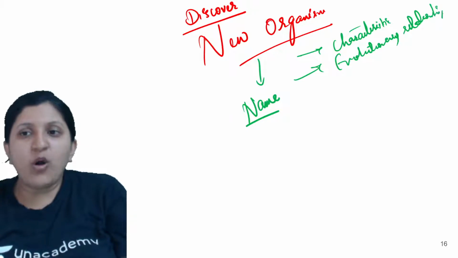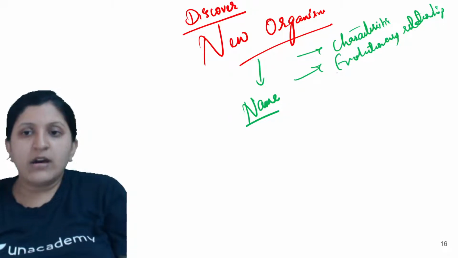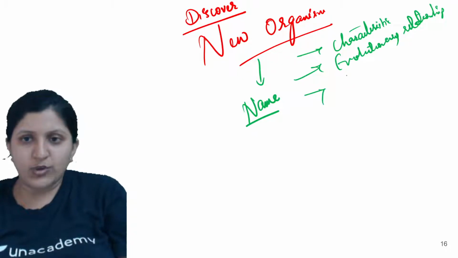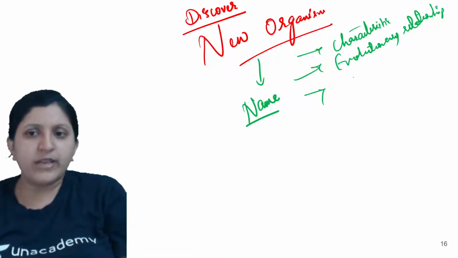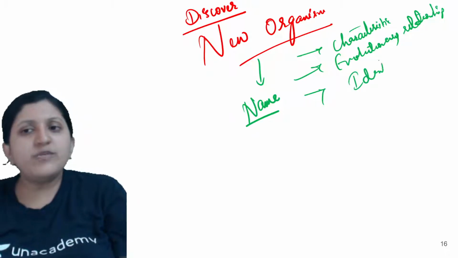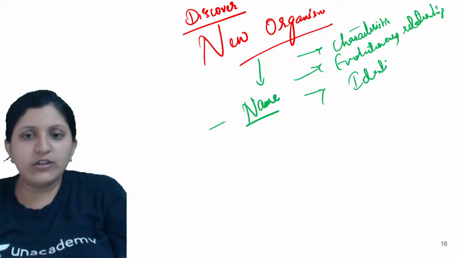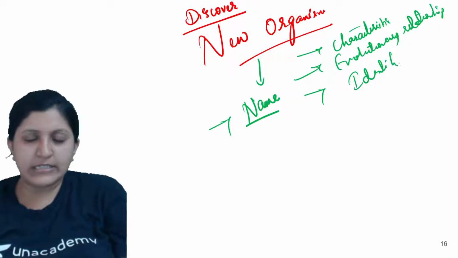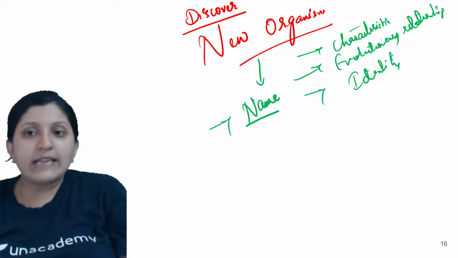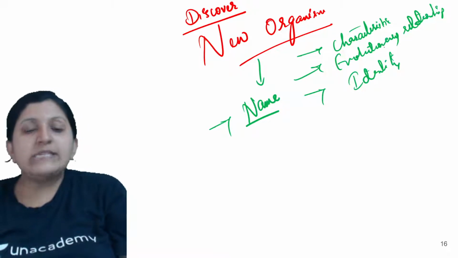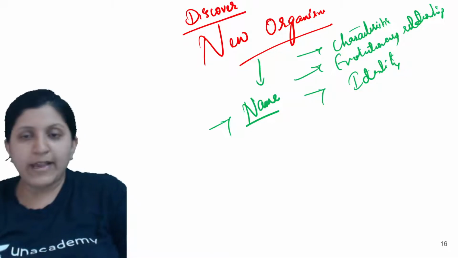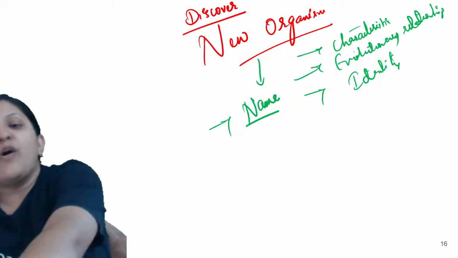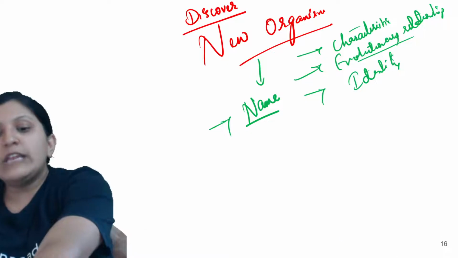Then you will also check what exactly its identity is, and after that naming is done. So we'll be studying what exactly the organism is and its evolutionary relationship.